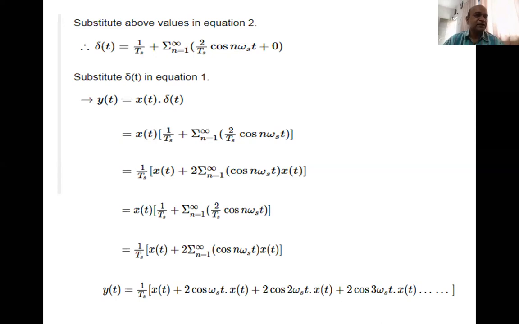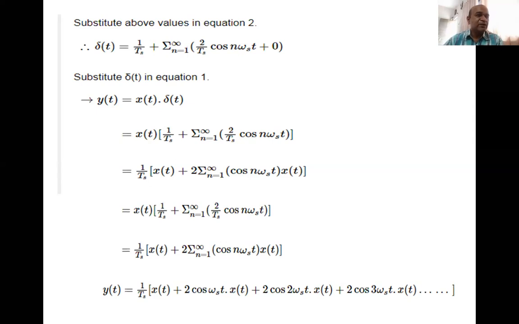Got it? Now if you solve it again, you will get 1 upon Ts in bracket x of t plus 2 summation n equal to 1 to infinity cos(n omega s t) x of t.